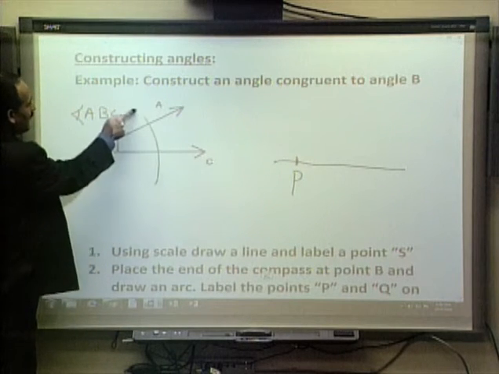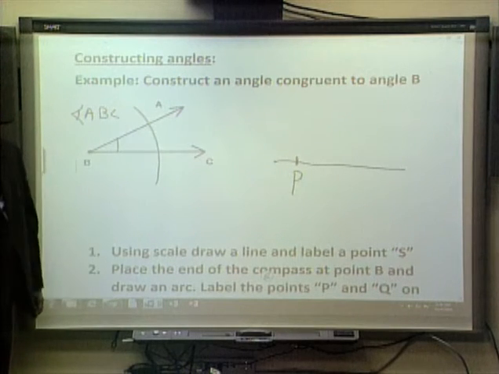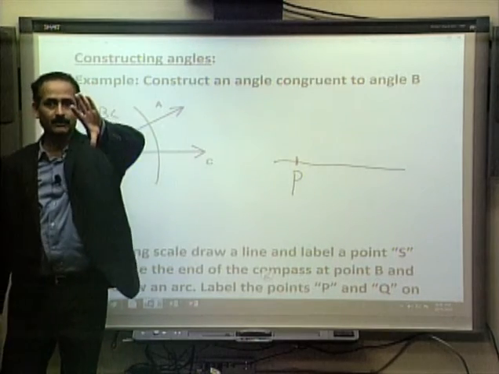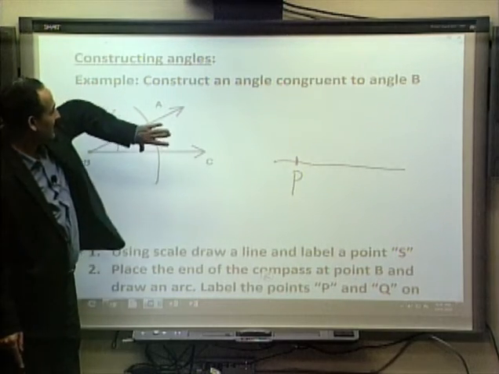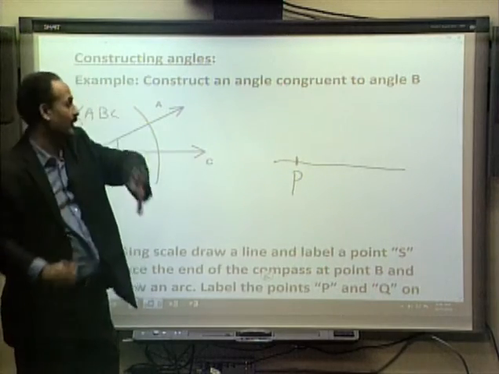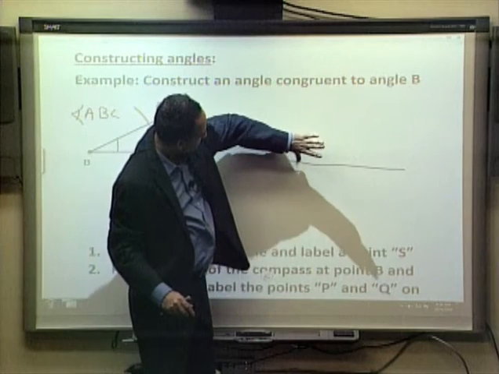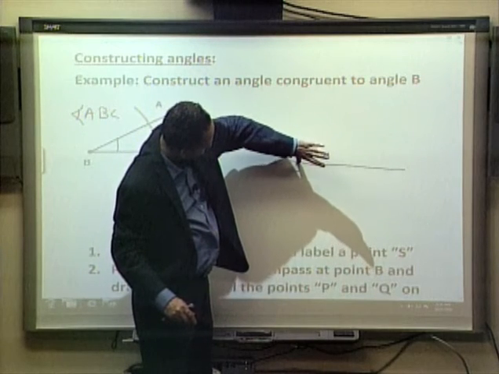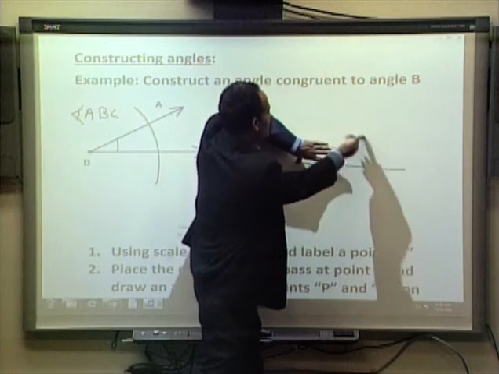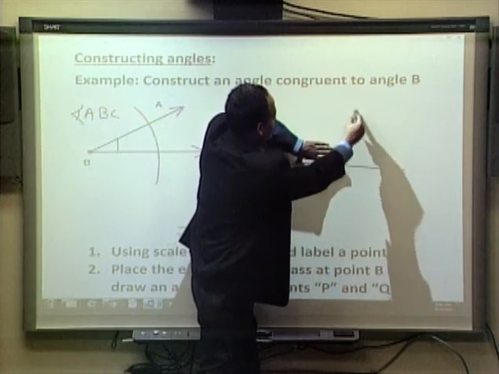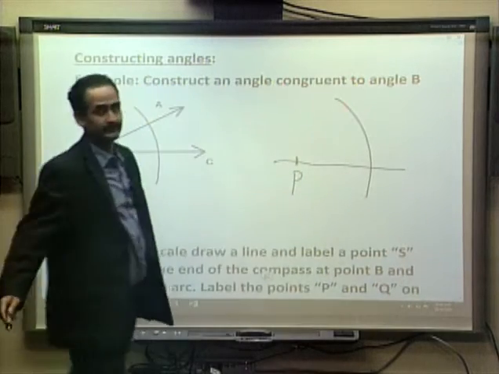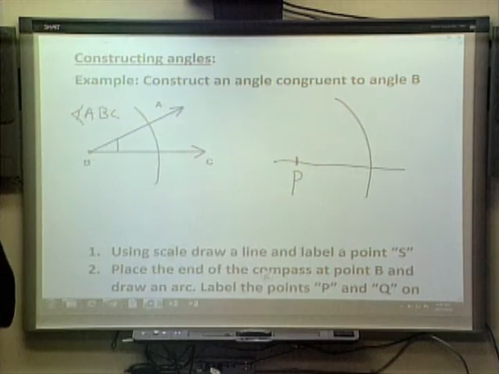Then with the same opening, without changing the opening of the compass, we go to point P, put one end of the compass at P, and with the pencil end draw another long arc here.